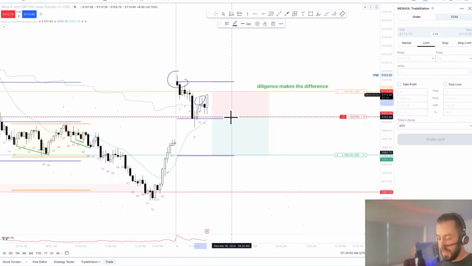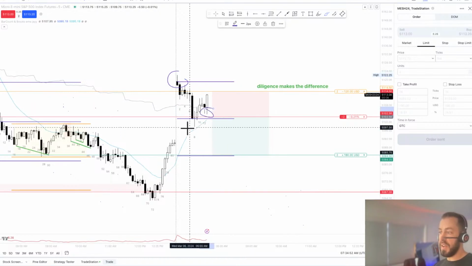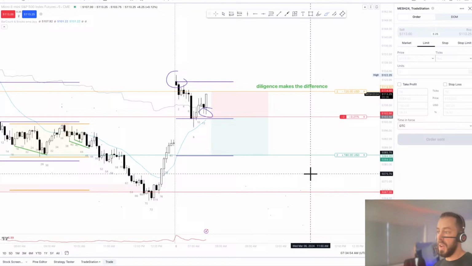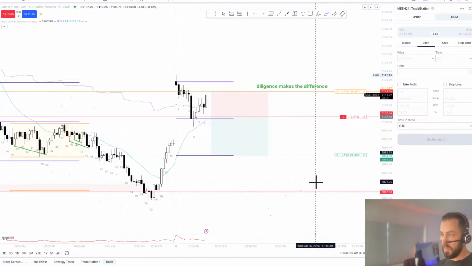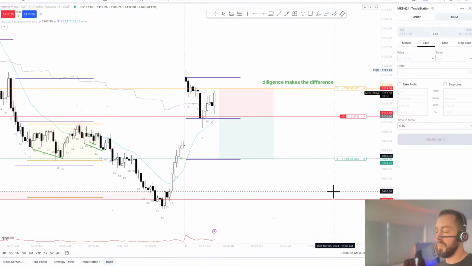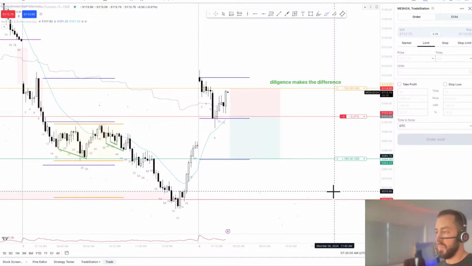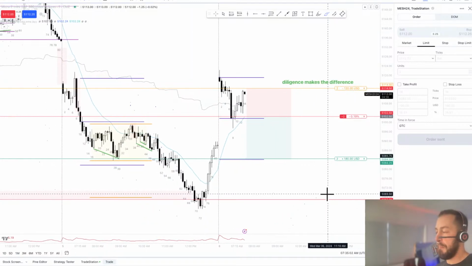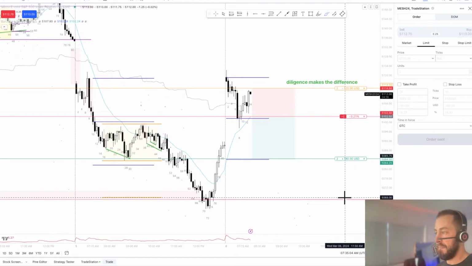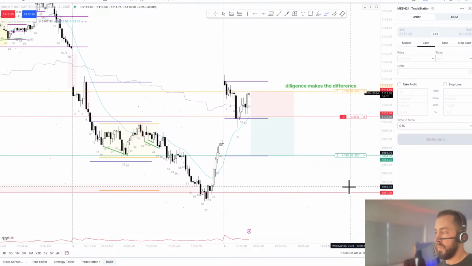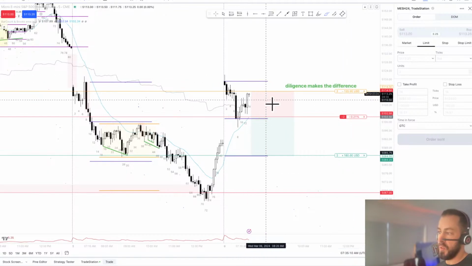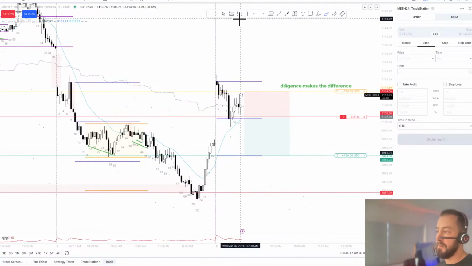Here and here makes a lower high. But now you've got here and here, which is a higher low. Okay, so all good. Looks like the price wants to go higher, but let's see. Reasonable long position there.